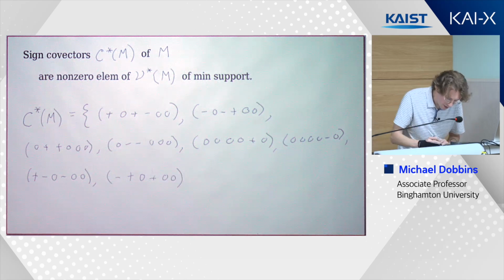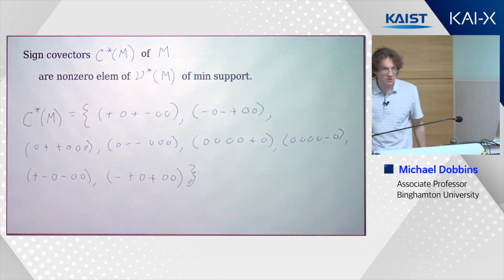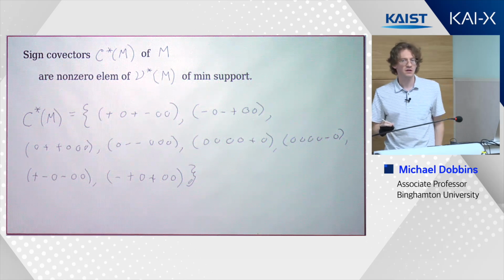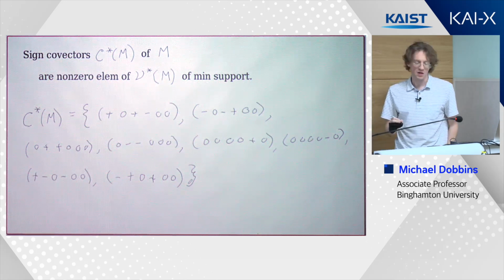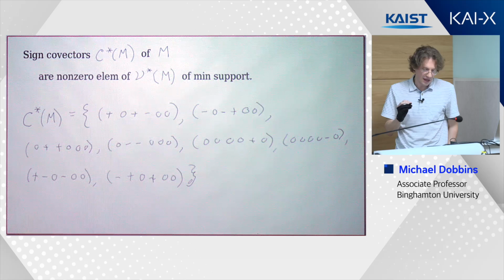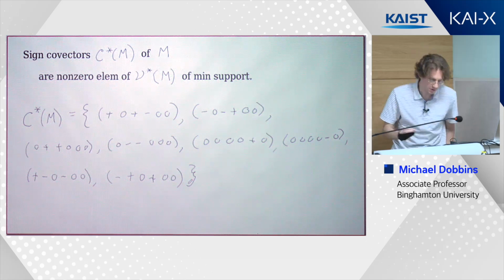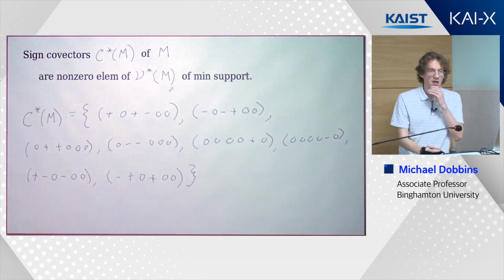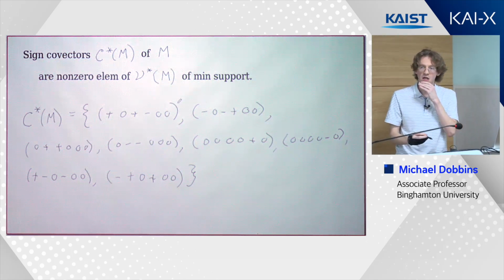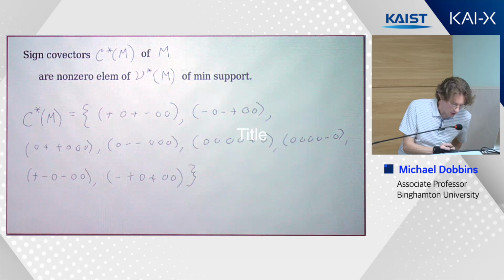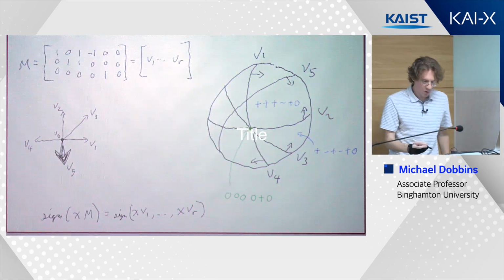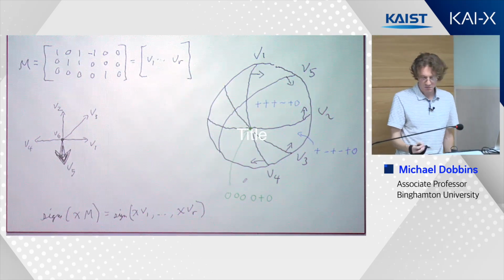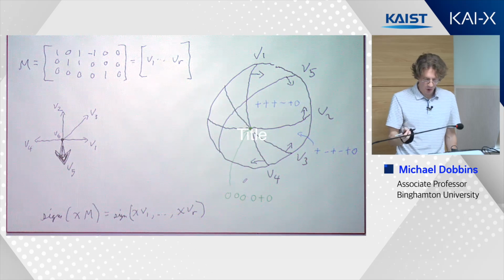Okay, so if we think about minimal support, so with the most number of zeros. Most number of zeros, yeah. I mean, is it minimal or really minimum? Excluding 0. So then just non-zero vectors of minimal support. So if we go back to this picture, how can you get one of these of minimal support?